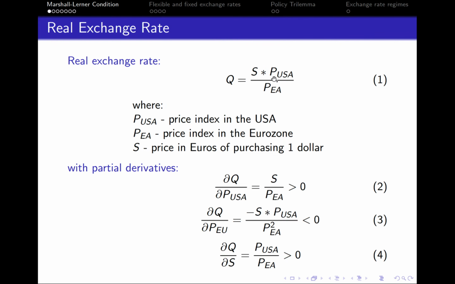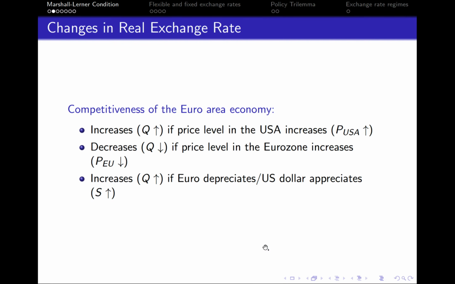So a depreciation of euro will lead to improvement in the competitiveness of eurozone economy.